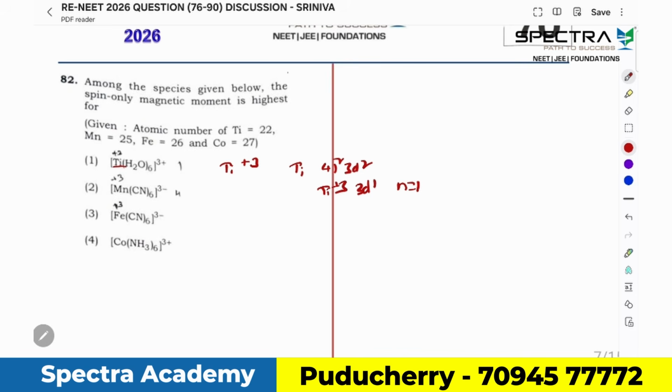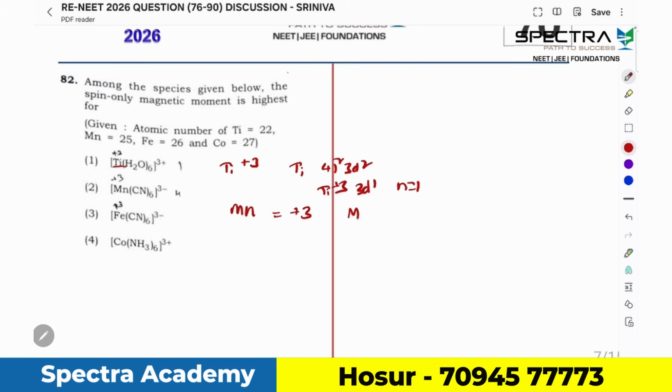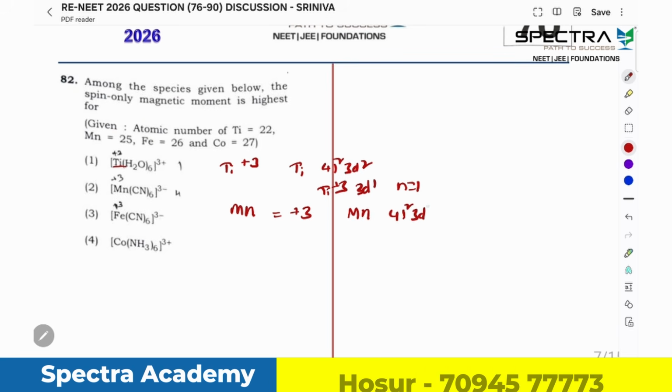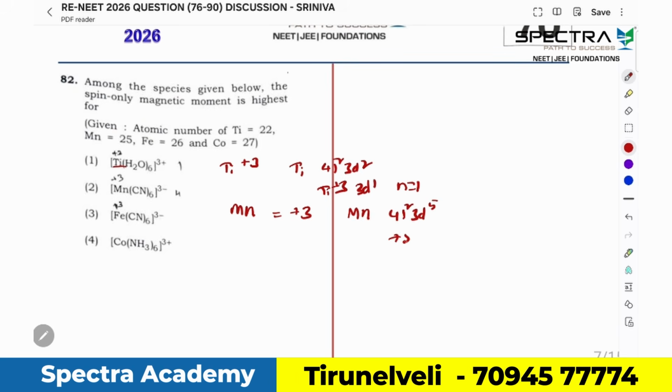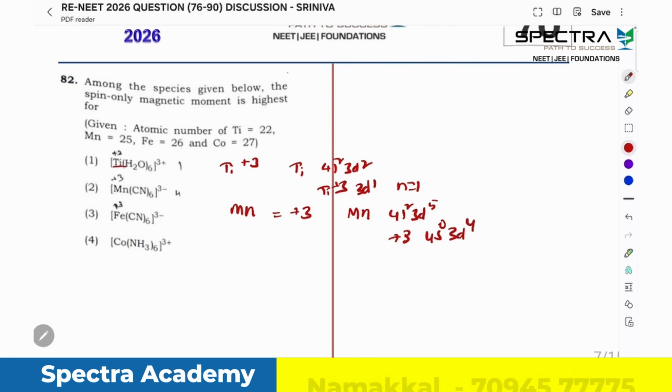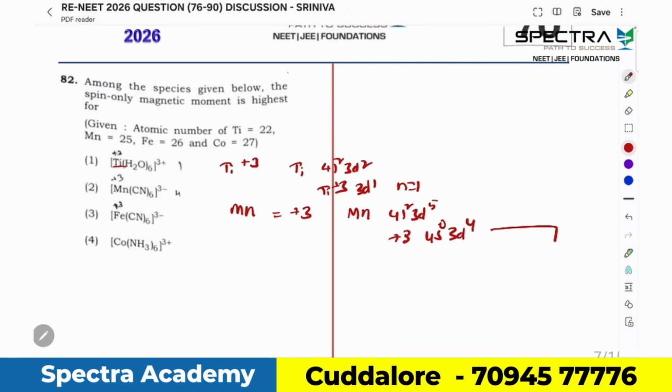For example, if you take manganese, oxidation state plus 3. Manganese is 4s2 3d5, so plus 3 means 4s0 3d4. So we have 4 unpaired electrons here.